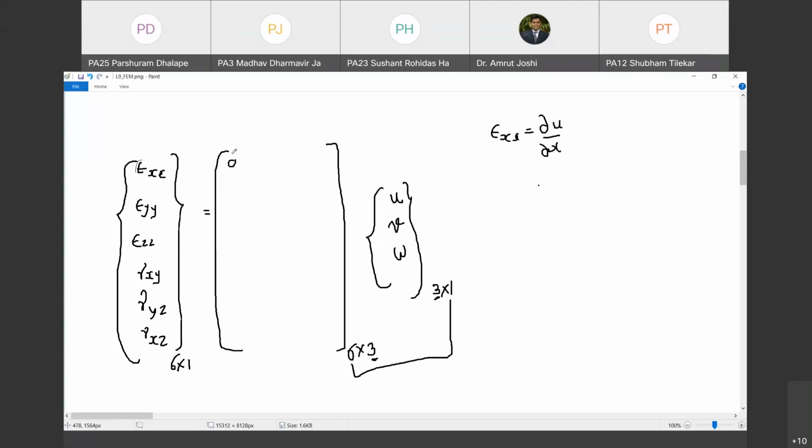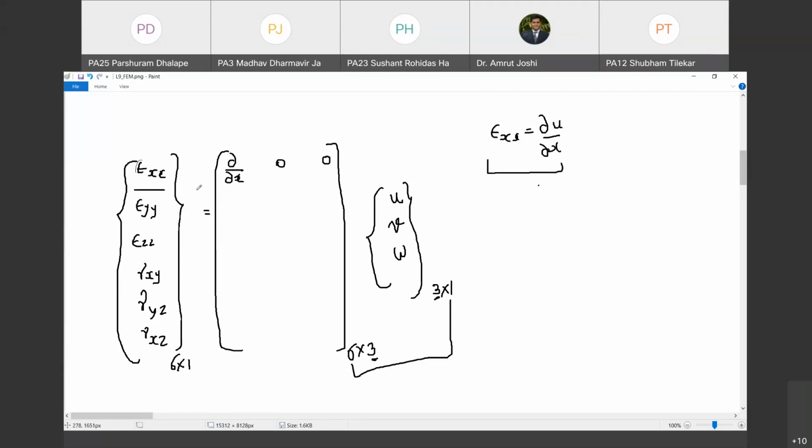So just pay attention here, it is dou by dou x, 0, 0. If I expand the first row, epsilon xx is equal to dou u by dou x plus 0 into v plus 0 into w. So you are going to get epsilon xx is equal to dou u by dou x. Are you with me? Please type your response in chat box. This is absolutely crucial.